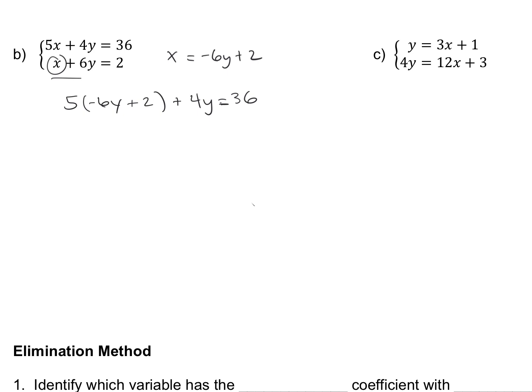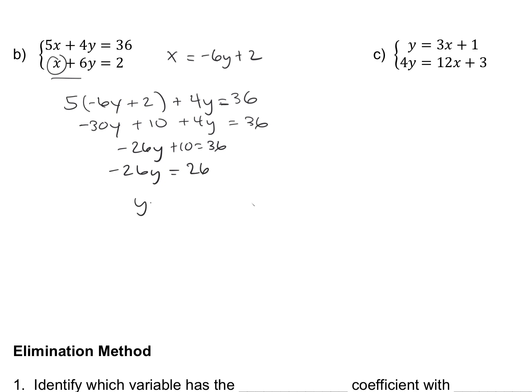Again, your other variables should be gone, so you should only have one. I know how to multiply. 6 times -5 is -30y plus 10 plus 4y equals 36. So y'all get -26y equals 26.